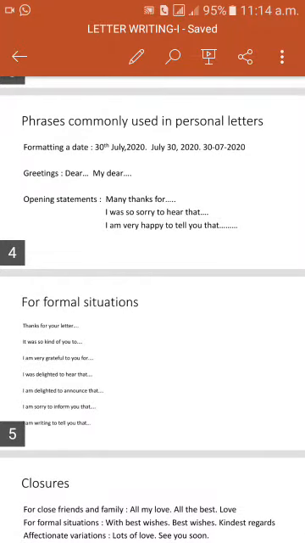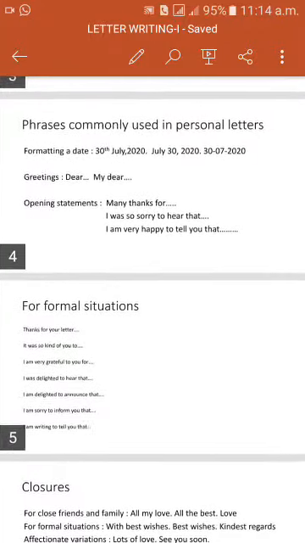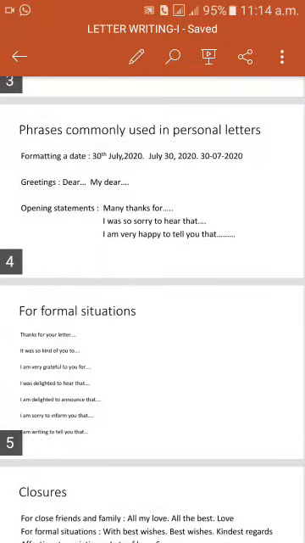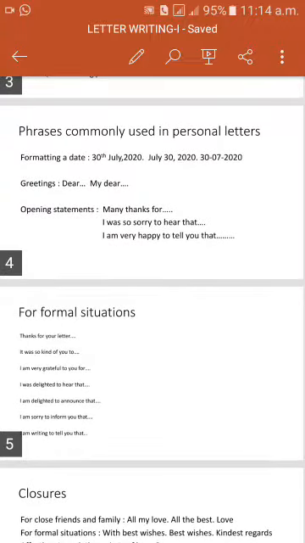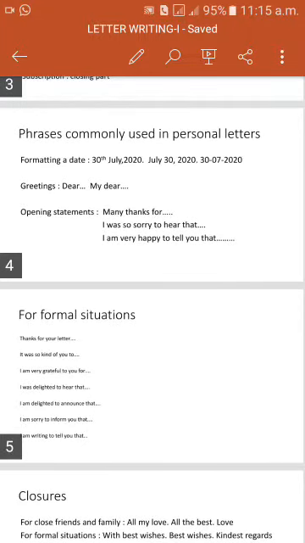See, it could be written like this: 20th May, 30th July, 2020, July 30, 2020, or 30-07-2020. So these are the ways of writing the date.